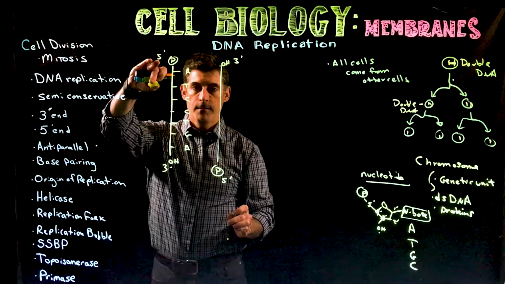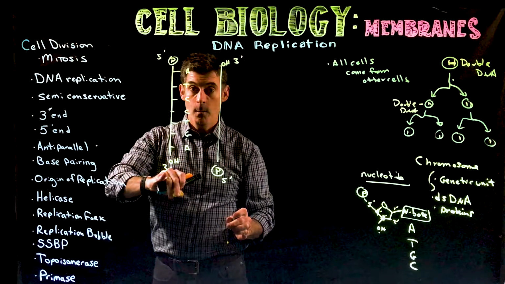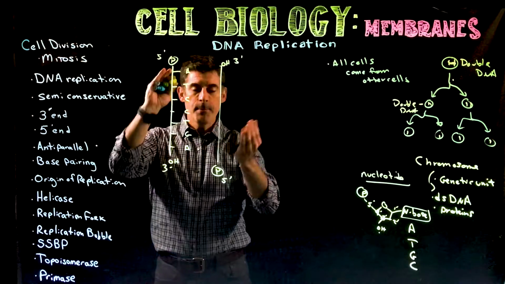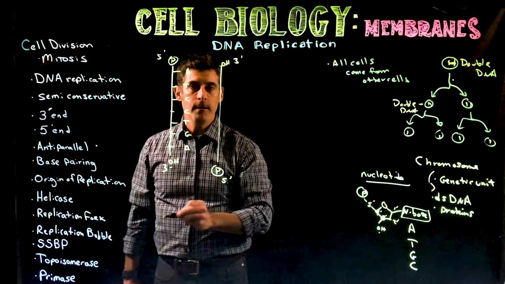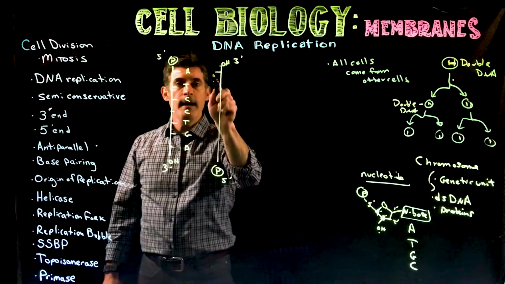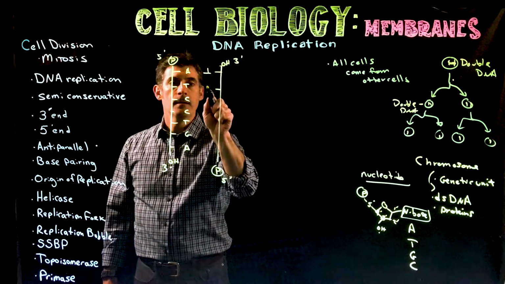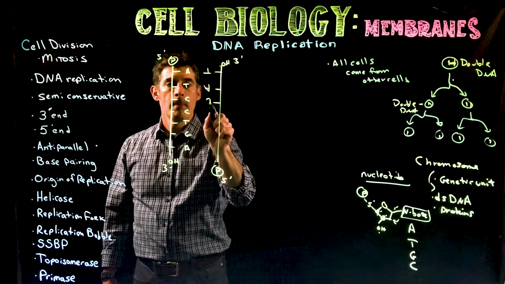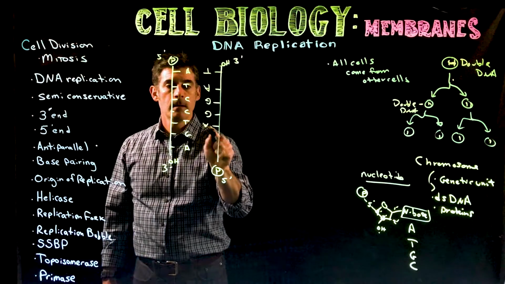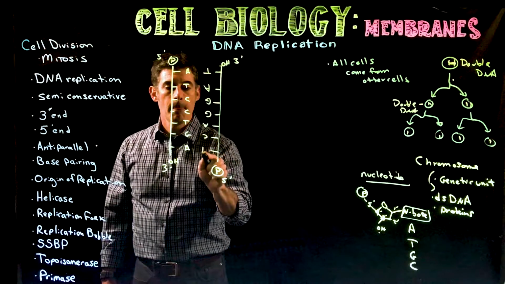So phosphate, 5', OH, 3'. They're opposite one another, what we call antiparallel. Now, if we look at this strand over here, what we're going to have is T, A, G, G again, A, C, T.